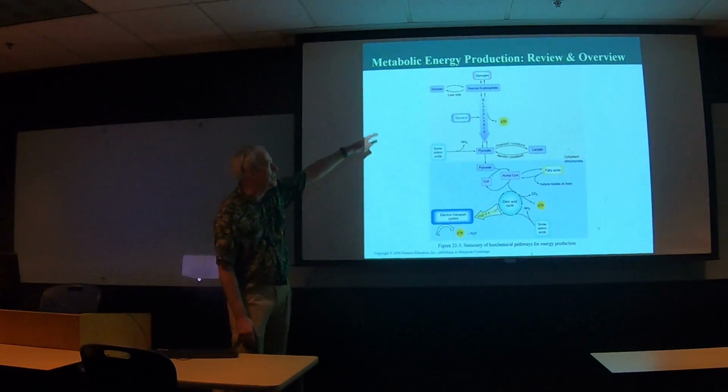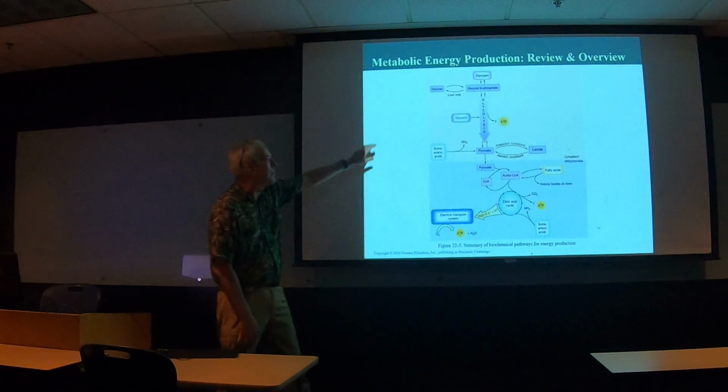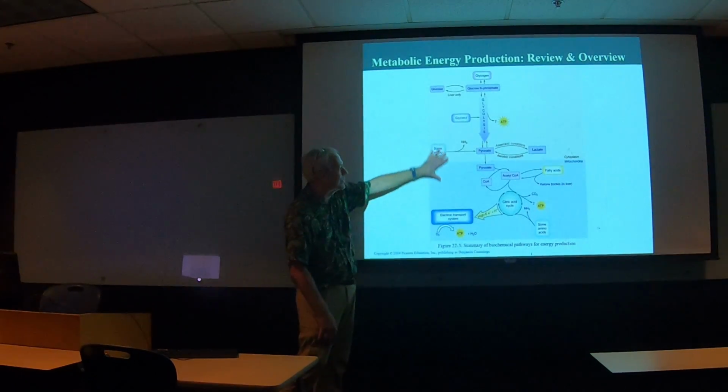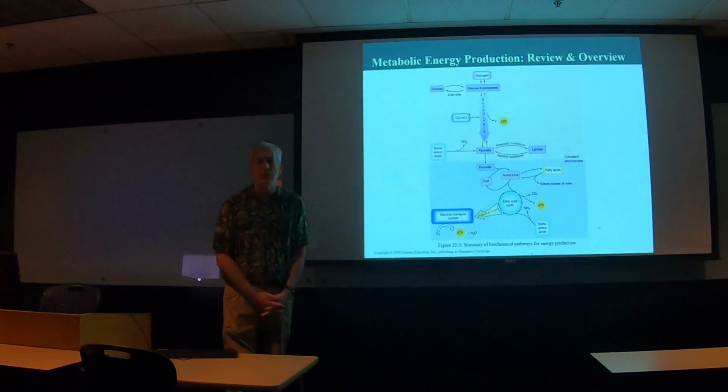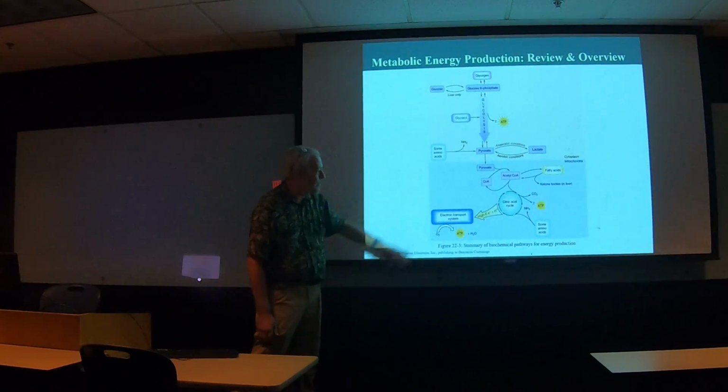So this just reviews glycolysis, the Krebs cycle, and electron transport. Remember, glycolysis occurs in the cytoplasm, the Krebs cycle within the mitochondria, and electron transport.